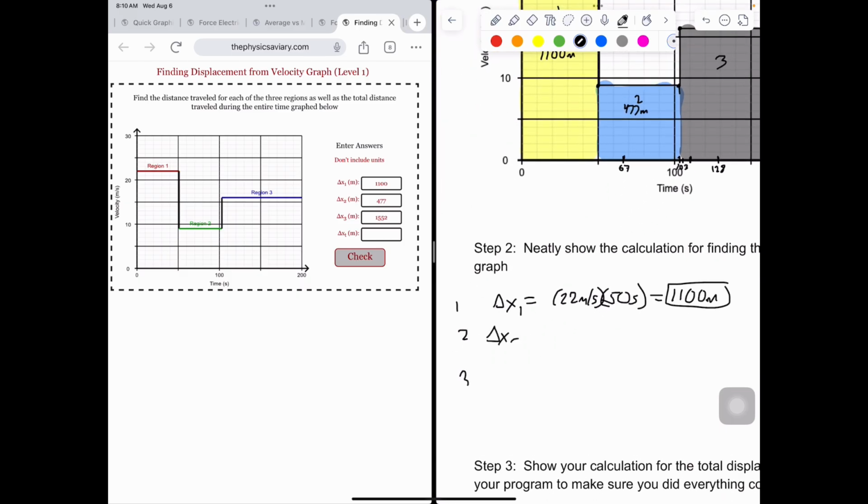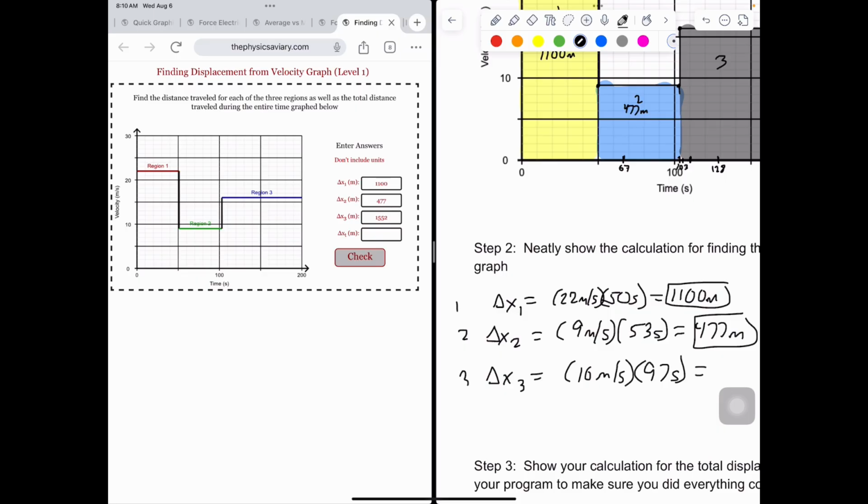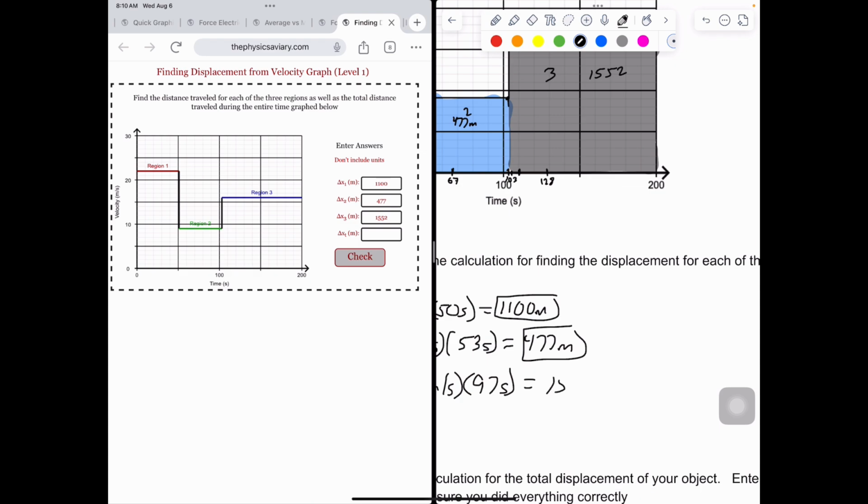For delta x2, it was 9 meters per second times 53 seconds. That gave me 477 meters. And just to finish this recap, delta x3 was 16 meters per second times 97 seconds. And that one gave me about 1,552 meters.